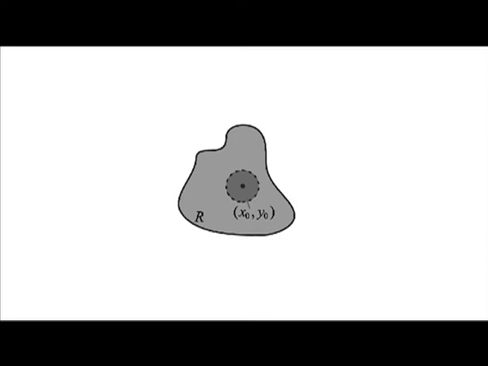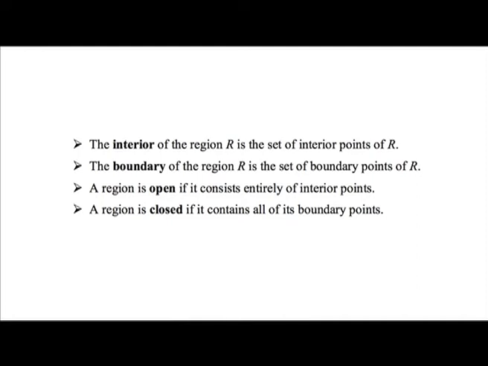A point (x₀,y₀) is a boundary point of a region R in the xy plane if every disk centered at (x₀,y₀) contains points that lie outside R as well as points that lie inside R. The boundary point itself need not belong to R. The interior of the region R is the set of interior points of R. The boundary of the region R is the set of boundary points of R. A region is open if it consists entirely of interior points.